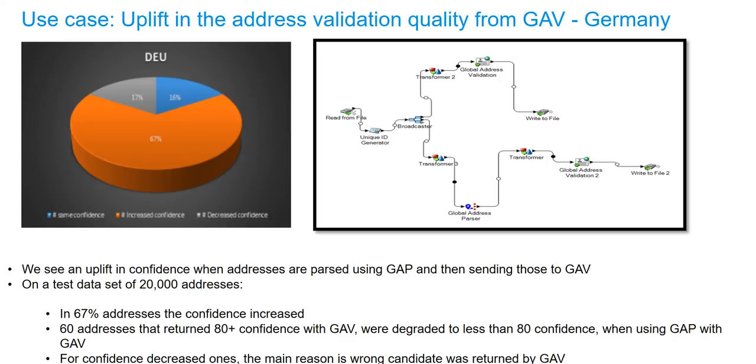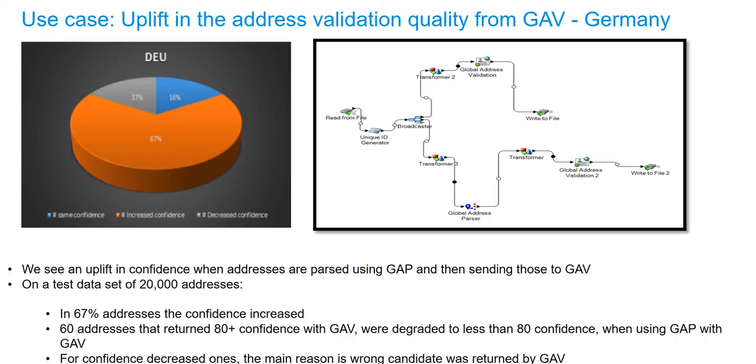So Spectrum already has an address validation system, that is the GAV, in place, and we did a small POC, and preceded the address validation stage by the machine learning based global address parser, and tried to analyze if there was an uplift in the confidence of the validated addresses.